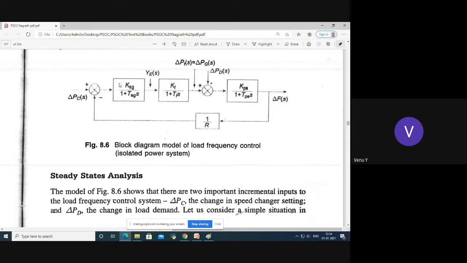and delta PC minus delta F is the signal given to the speed governing system. KSG is the speed governing gain and TSG is the speed governing time lag.